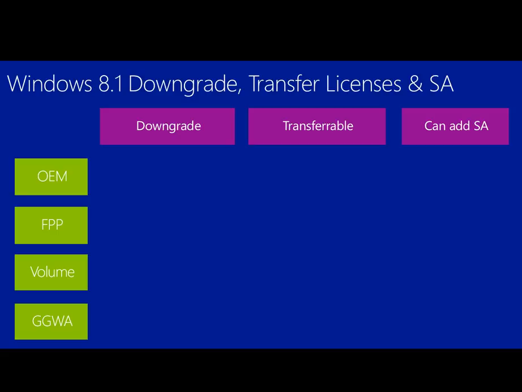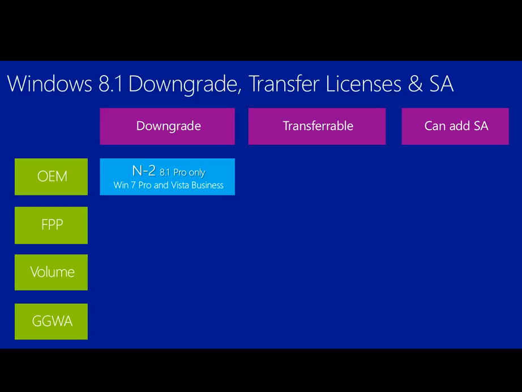So let's start with the downgrade of OEM. With OEM, yes, you can downgrade to N-2 as long as it's a Windows 8.1 Pro Edition. Remember, with OEM, we have Windows RT 8.1 and 8.1 Pro. So with OEM, the only license you can downgrade is 8.1 Pro.